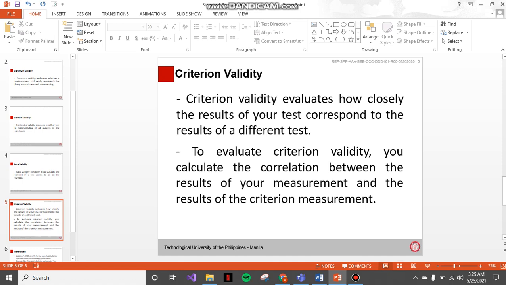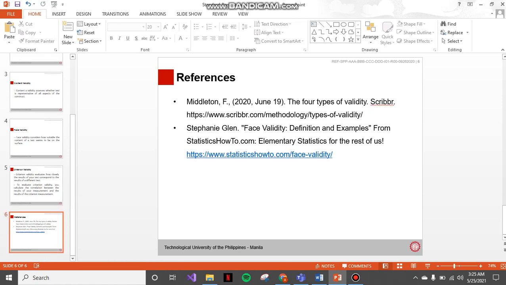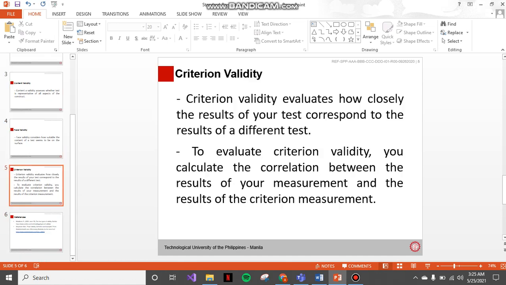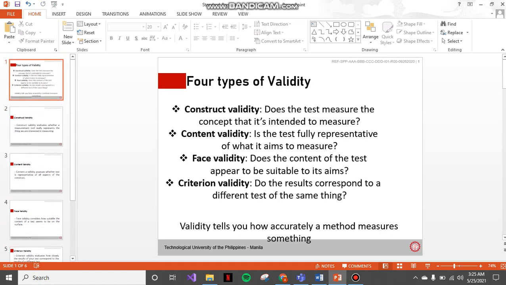With the word itself, concurrent, it is measured at the same time. You remember that? However, when the criterion is measured at some point in the future, it is considered predictive validity. So that's it for the four types of validity, or establishing validity.